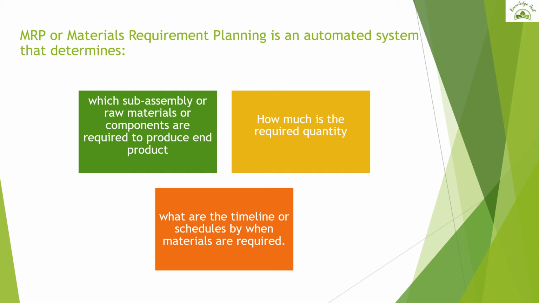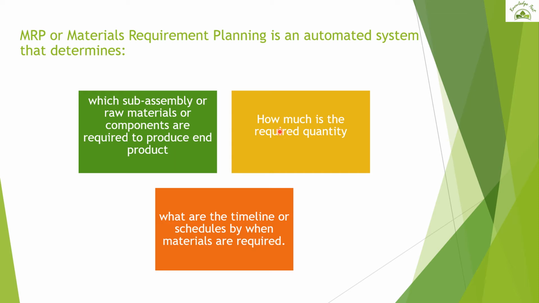So to avoid and handle stockout situation and over inventory situation, we need an integrated solution, and that integrated solution is material requirement planning software or MRP. Basically, MRP is an automated system which helps to determine what are the sub-assembly and raw components required in order to make the final product.